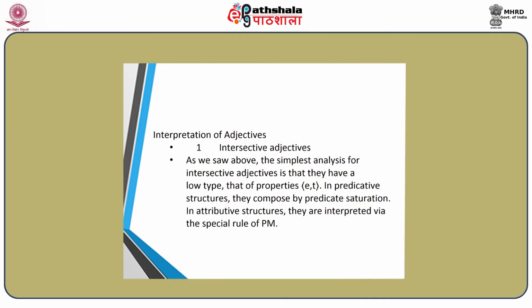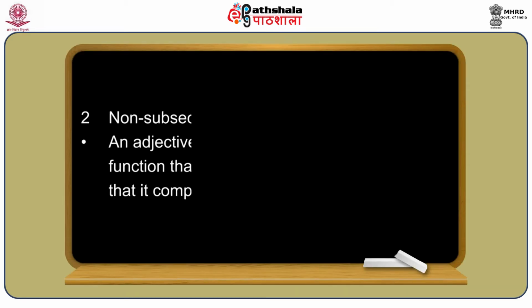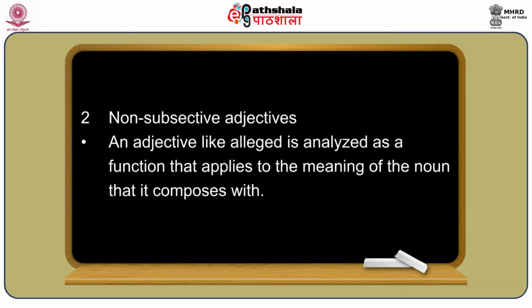What do we say overall about the interpretation of adjectives? As we saw above, the simplest analysis for intersective adjectives is that they have a low type, that is, of properties, et, in predicate structures. They simply compose by predicate saturation. In attributive structures, they are interpreted via the special rule of predicate modification. What about non-subsective adjectives?